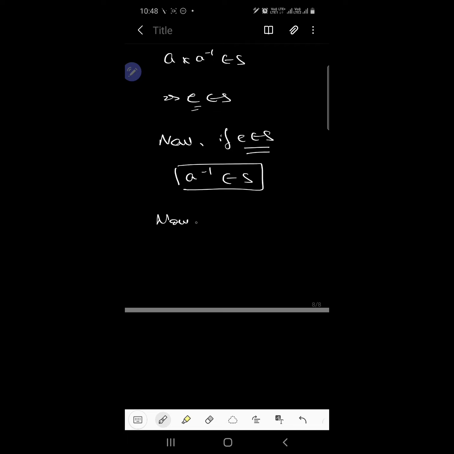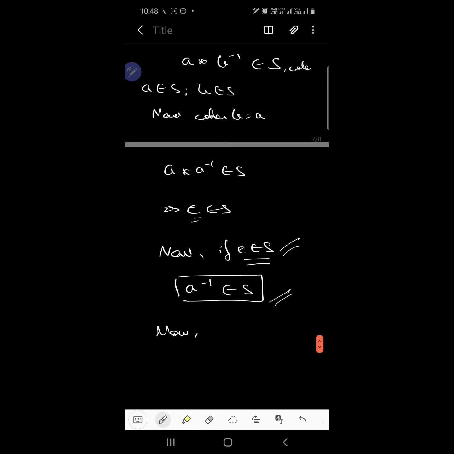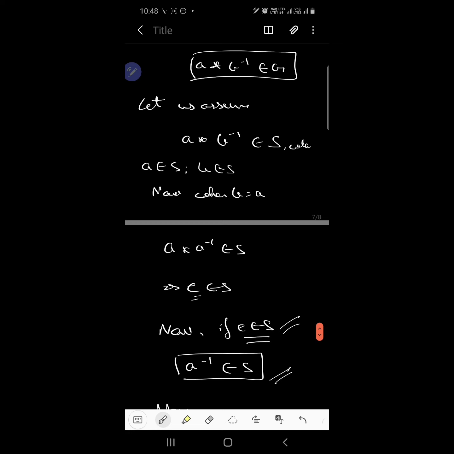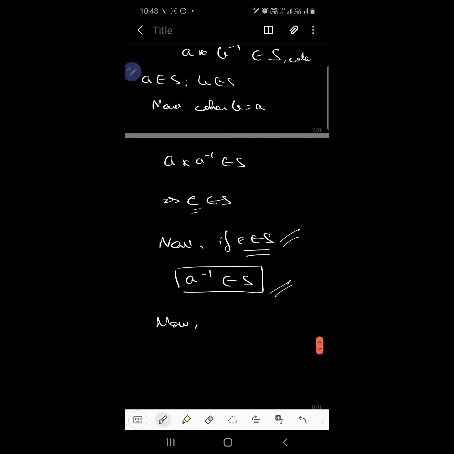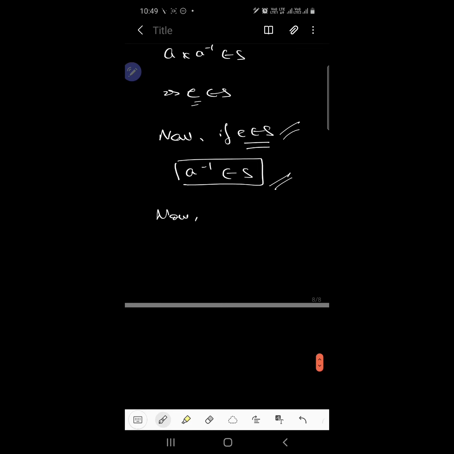Now we have proved that S has an inverse and S has an identity, and we also know that the binary operation star is associative, because G is itself a group. So we just need to show that star obeys the closure property under the set S. How can we show that?